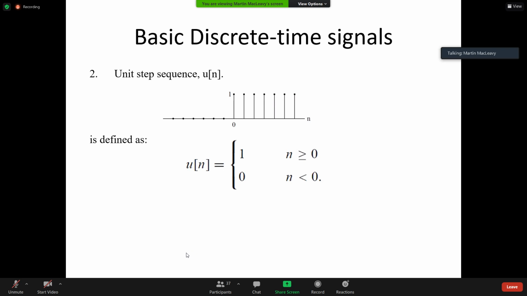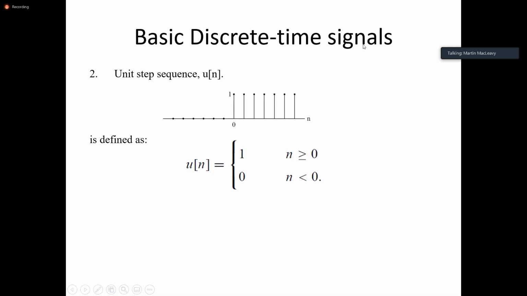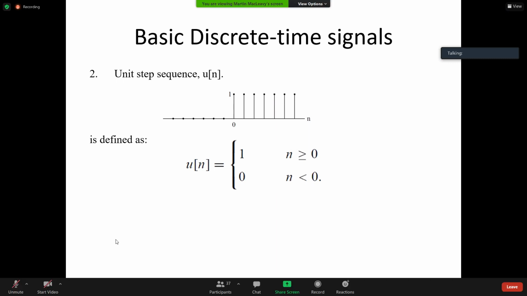Right, your second basic time signal is the unit step sequence, which corresponds to your step function in continuous time. It's defined as being 1 for n equal or greater than 0, and 0 for n less than 0.